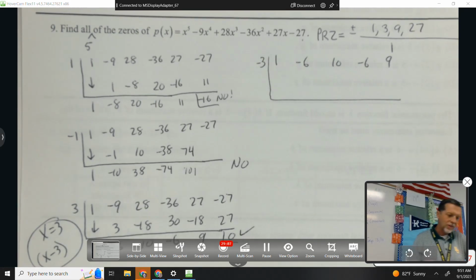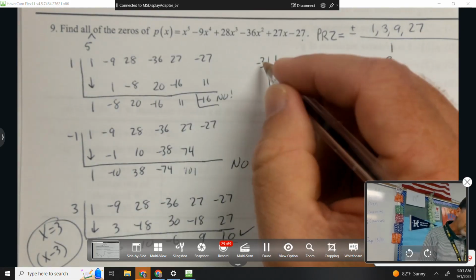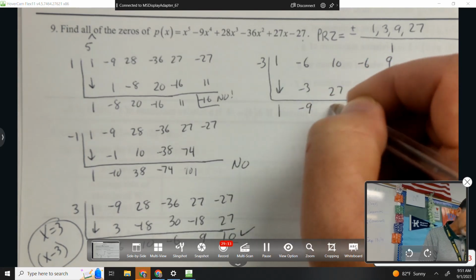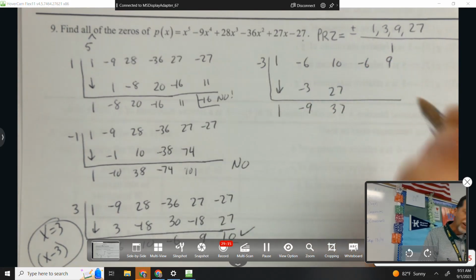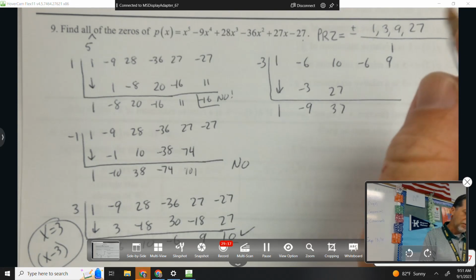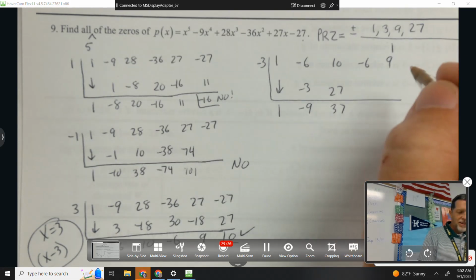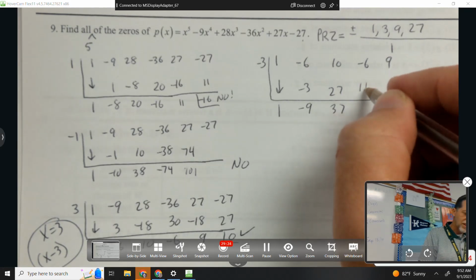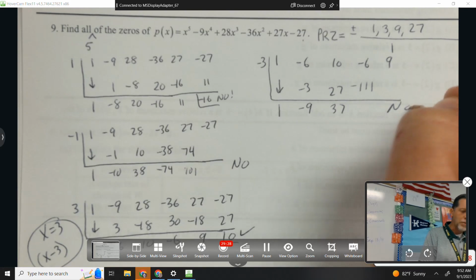X equals 3 is good. I will come back to that later. So trying -3. Uh-oh, this isn't looking good, because 37 times 3 is 90 plus 21, 111. Negatives. Yeah, I'm just going to bail on that. Say no.